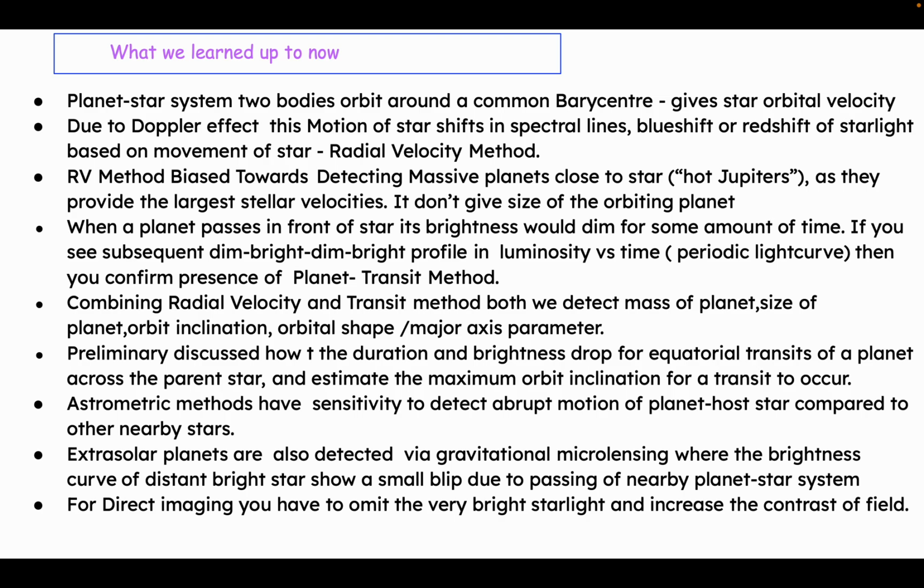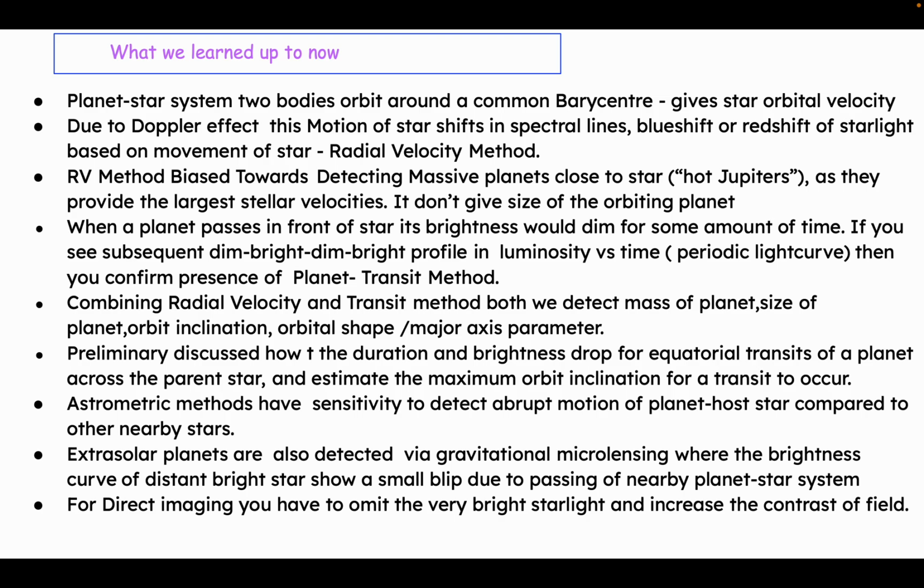Due to the Doppler effect, this motion of the star shifts the spectral lines. If the star is coming towards you, the spectra will be blue shifted, and if the star is going away from you, the spectra will be red shifted. This blue shift or red shift is what is measured in the radial velocity method.